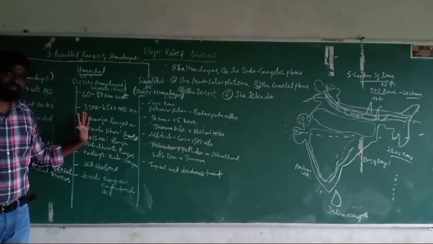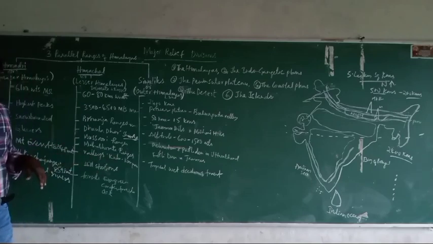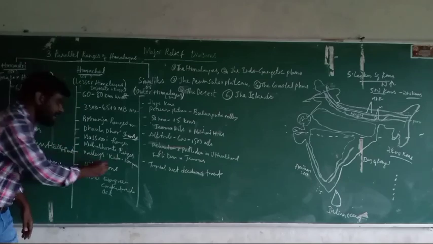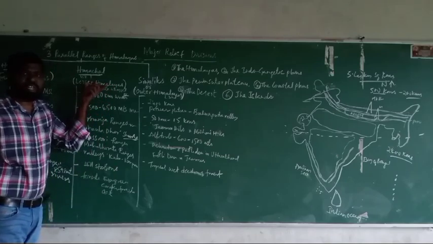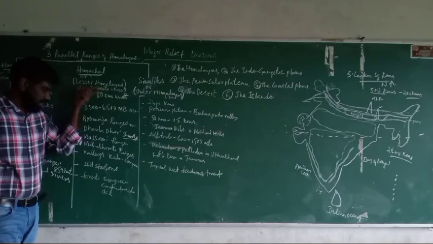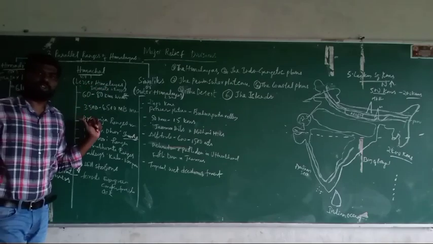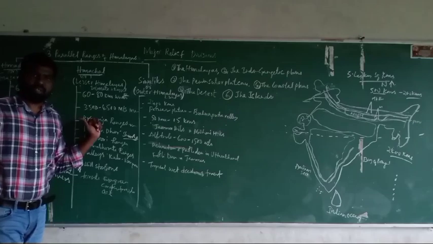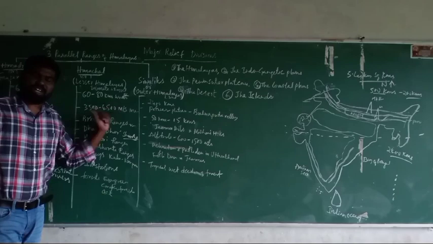valleys like Kulu, Kangra, and also many hill stations are situated in Himachal, like Simla, Mussoorie, Nainital and Darjeeling.